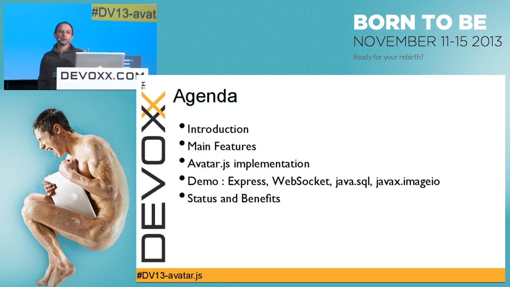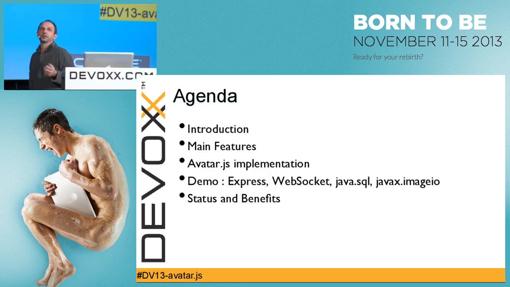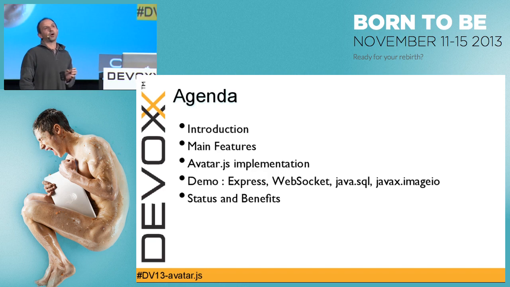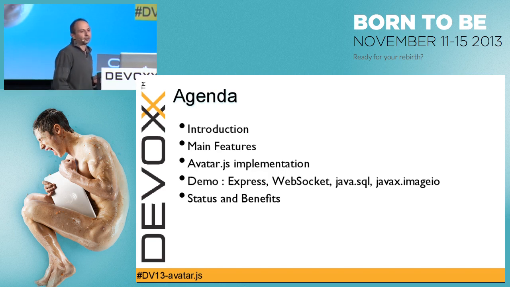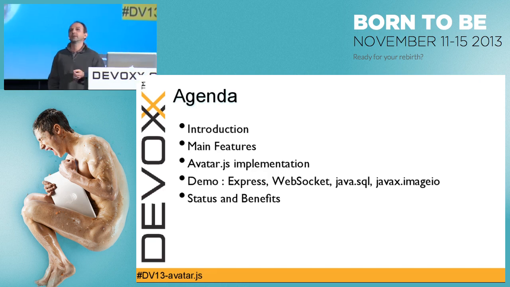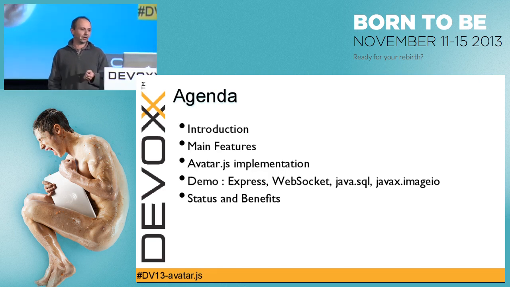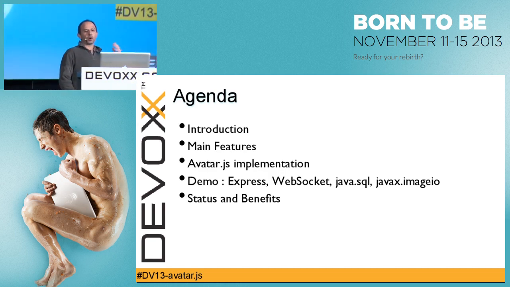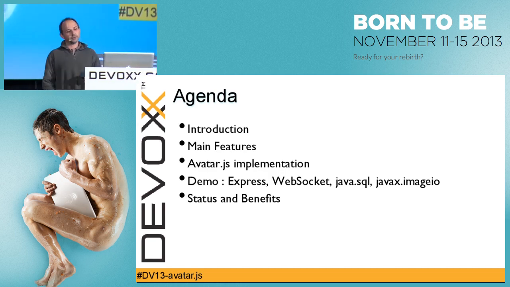Demo time with a running demo composed of a mix of Java and JavaScript, mainly to show you some code snippets to understand how you would use Avatar.js to write your own application, and also to show you that it's running, it's for real. Finally, I will conclude with a status where we are and the benefits we think people can get by using Avatar.js.